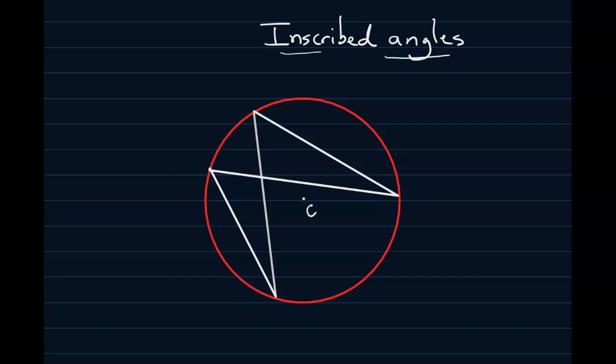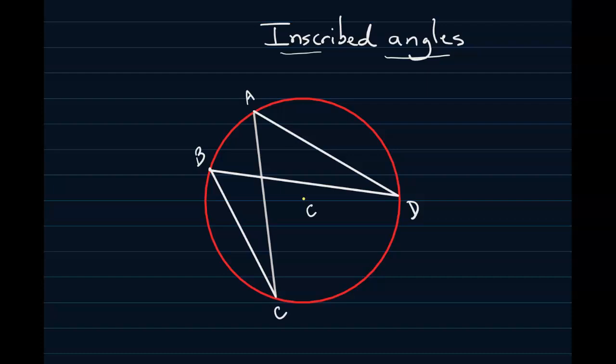This is C, the center. And these lines that you can see, let's call this vertex right there A, and B, and then C, and then D. And we're not going to label that intersection between AC and BD, just for simplicity's sake.